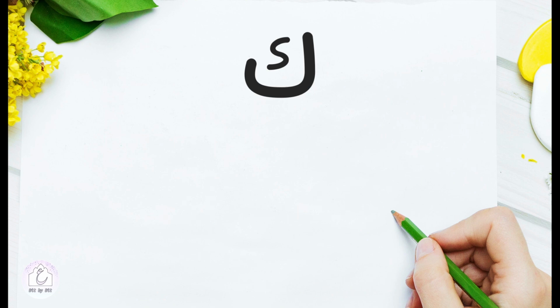Kaf has a special feature. It transforms its shape when it comes in the initial and medial position. Let's see how. It seems that kaf transformed itself into the small mark on the isolated form.